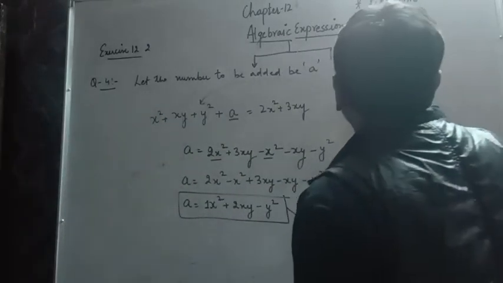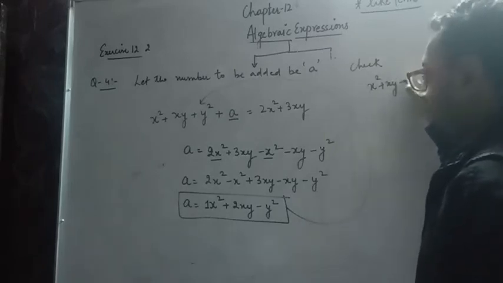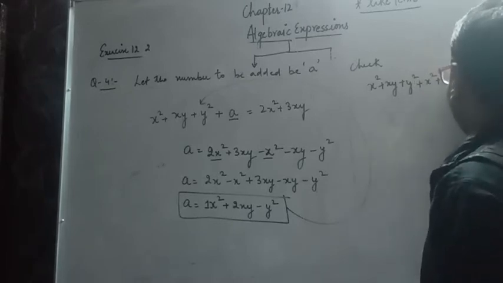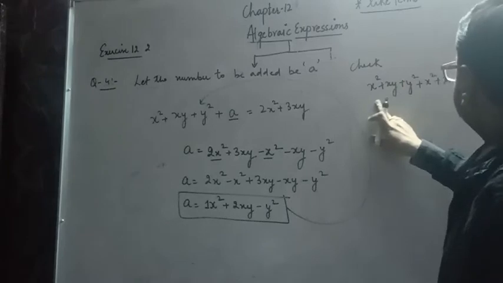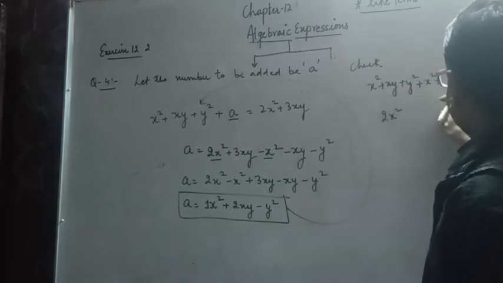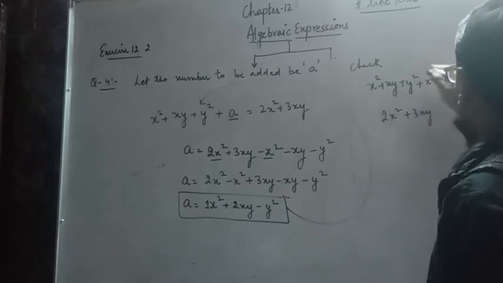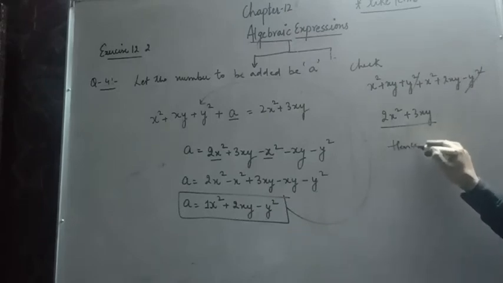So x square plus xy plus y square, on adding this x square plus 2xy minus y square. Are we getting that? So let's see. x square plus 2x square, xy plus 2xy is 3xy, plus y square minus y square cancel. Yes, this is hence verified. I have verified your answer also.